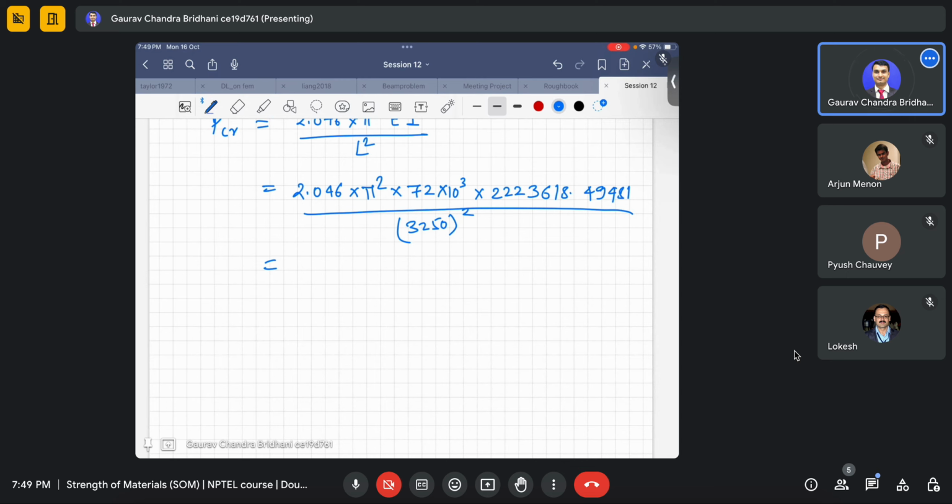So 2.046 into pi square into 72 into 1000 into 2223618.49481 divided by 3250 whole square. Correct.